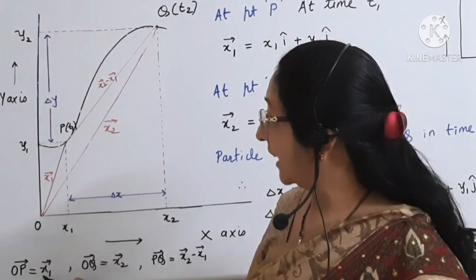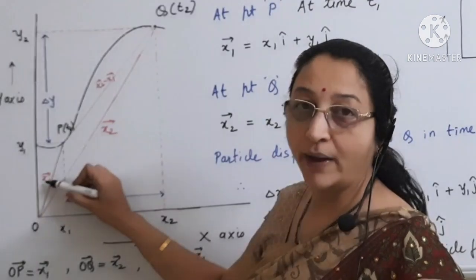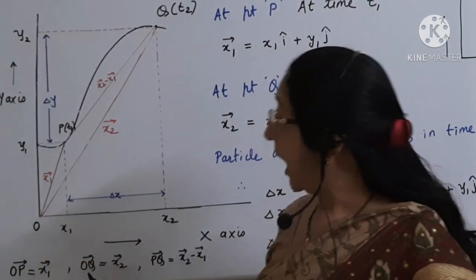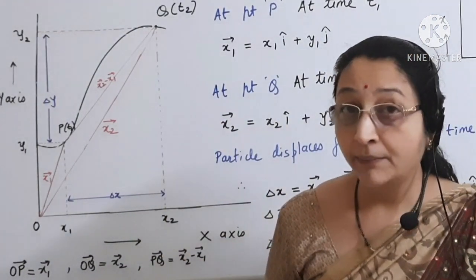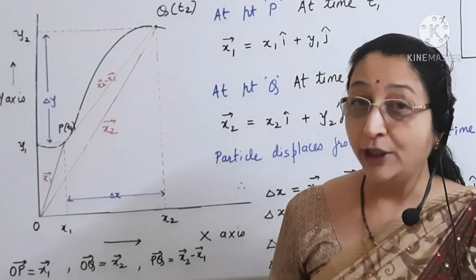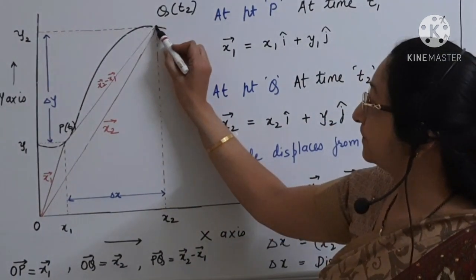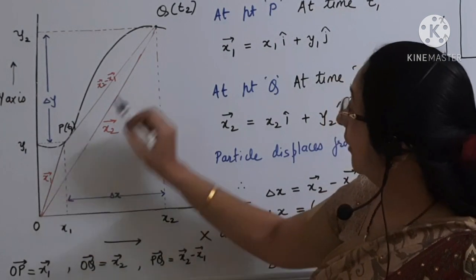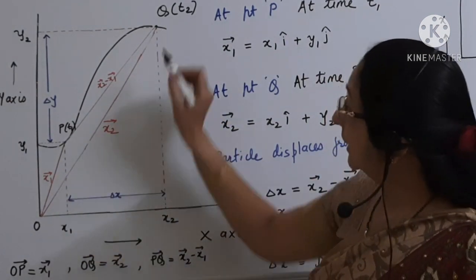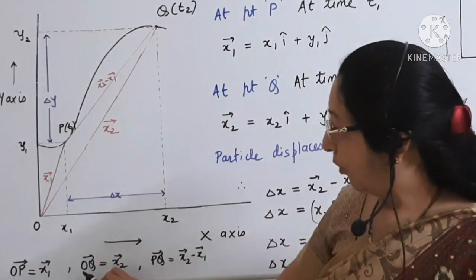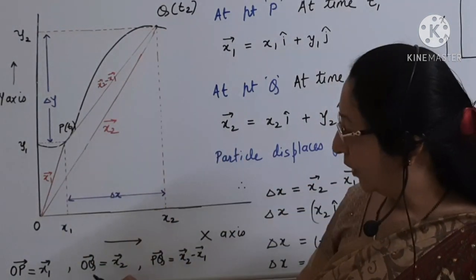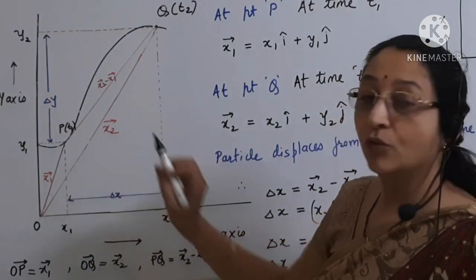which is vector x1. We write it as vector x1. And after the particle moves to point Q at time t2, the position vector of the particle is OQ. So OQ is equal to x2, vector x2.